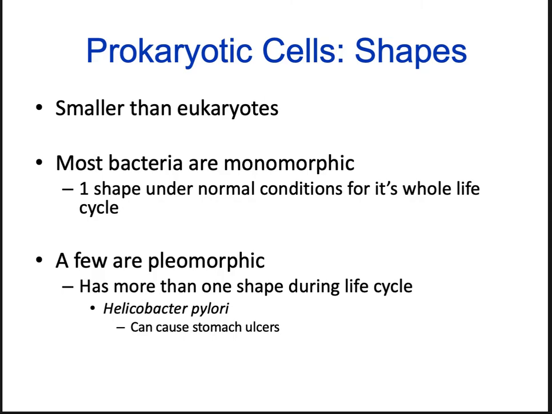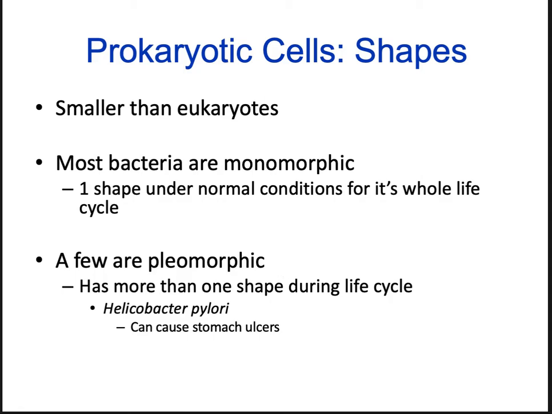Okay. Now, most bacteria will have one shape their whole life, and we call that monomorphic. And of course, that's under normal conditions. You could torture them, right? You could add extreme harsh conditions that would cause them to change shape. But under normal conditions, the majority of bacteria will just have one shape their whole life cycle. However, there are some bacteria that are pleomorphic, and that's a very interesting characteristic. Narrows it way down.